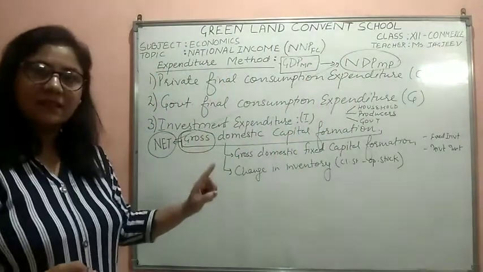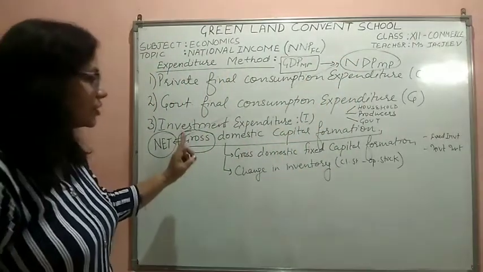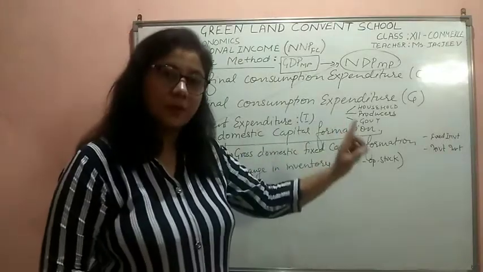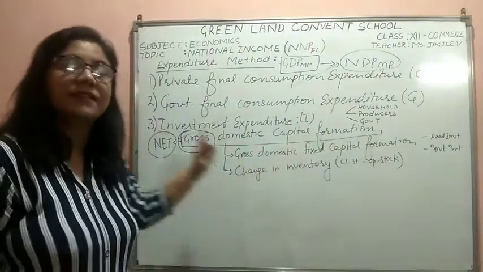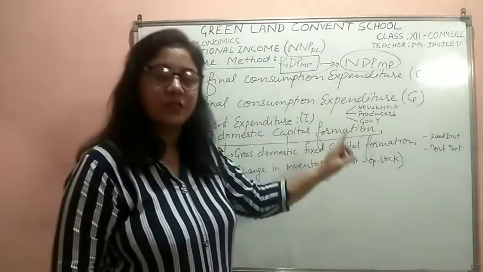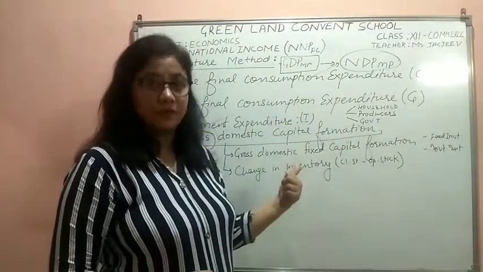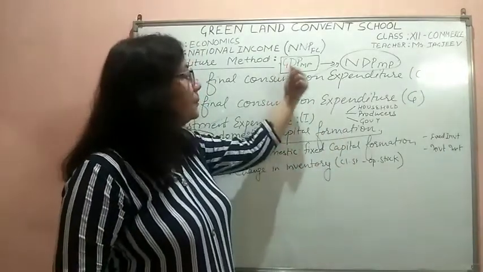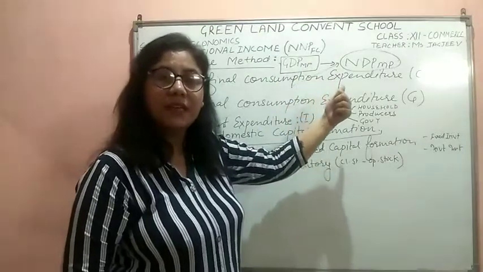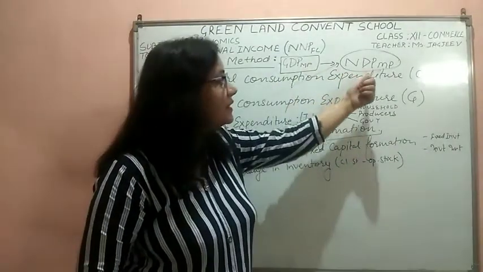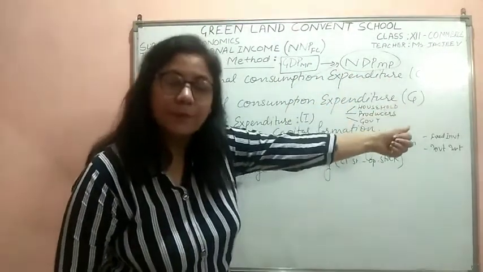Here, this thing is clear. If instead of gross domestic capital formation, you are given net domestic capital formation, then instead of getting GDP at MP, you would be getting NDP at MP.